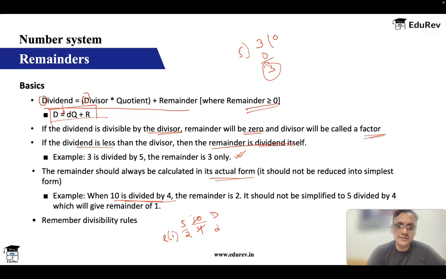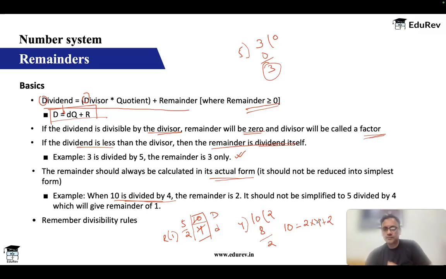Okay, this is a division, this is not a fraction, so you can't simplify it. If 10 is getting divided by 4, 10 should get divided by 4, and you should not be simplifying it. Okay, so this is what will happen. 10 will be equal to 2 into 4 plus 2. Okay, so this is what will happen, and you should not reduce it or simplify it.